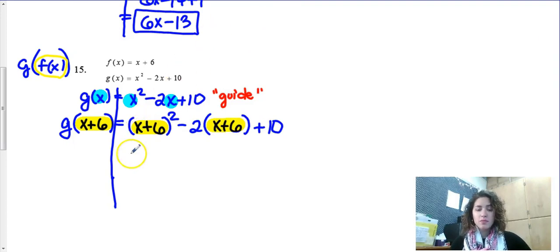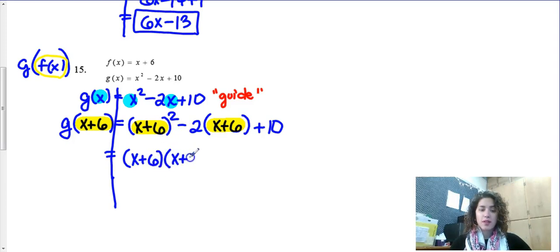From here, we are fully relying on our algebra skills. So we know that x plus 6 all squared will mean x plus 6 times x plus 6, and then I can say minus 2x plus 12.